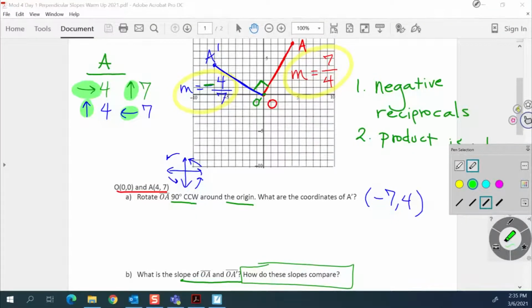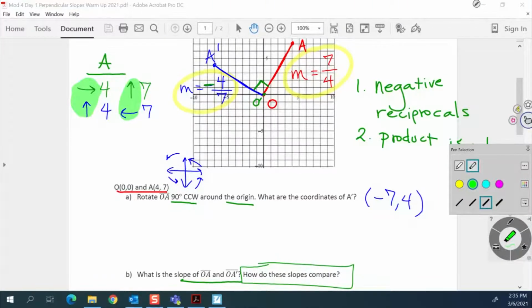So the run becomes a rise, and the rise becomes a run. That's how the reciprocal happens. The second thing is that in this one on the left, as I drew it here, it went from positive to positive. But for the other coordinate, for the 7, it went from a positive in the y direction to a negative in the x direction.